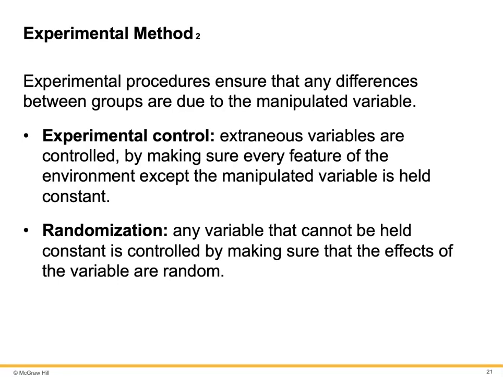So the experimental method eliminates the influence of such variables by randomization. Randomization ensures that an extraneous variable is just as likely to affect one experimental group as it is to affect the other group. And to eliminate the influence of individual characteristics, the researcher assigns participants to two groups in a random fashion.